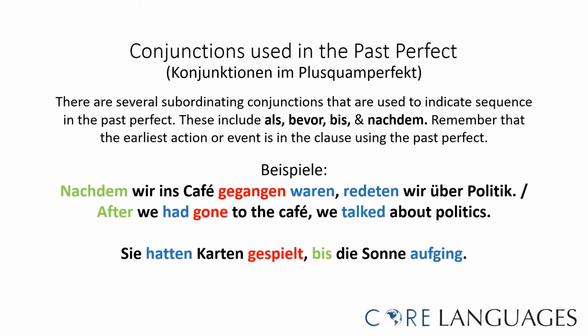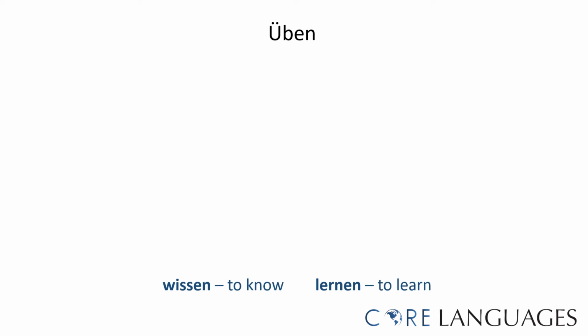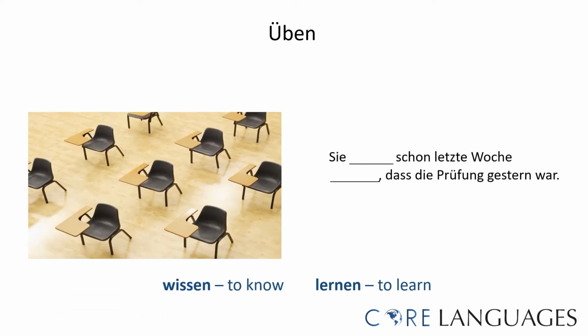Sie hatten Karten gespielt, bis die Sonne aufging. They had played cards until the sun came up. Look at the following two pictures and sentences and form the past perfect with wissen or lernen. Sie, schon letzte Woche, dass die Prüfung gestern war.